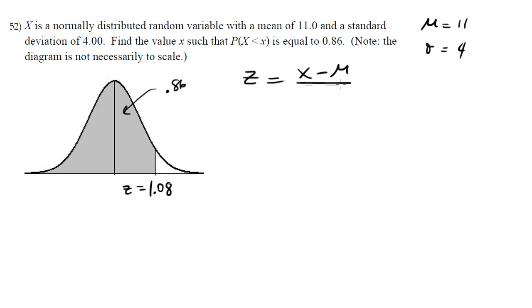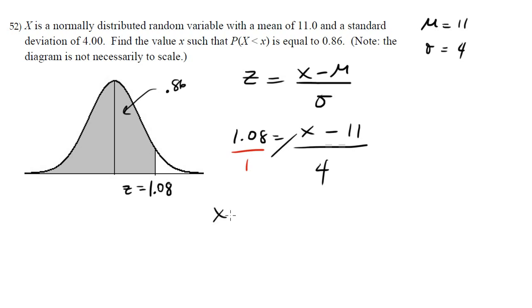Let's do it again. 1.08 equals the x value minus the mean divided by 4. I want to solve this thing for x. X minus 11 equals 4 times 1.08. X minus 11 equals 4.32.